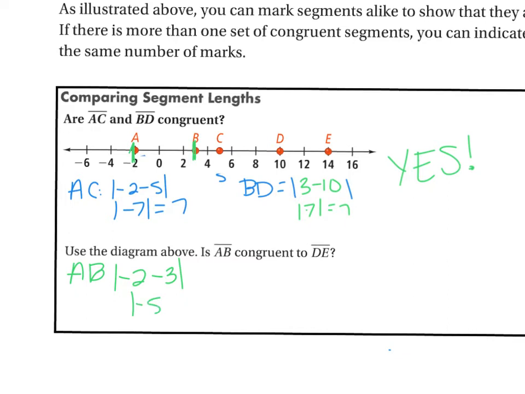That'd be the absolute value of -5, which is 5. And then we've got DE, so D to E right there is going to be 14, excuse me. And that would just give you 4. So your answer is no. These are not congruent.